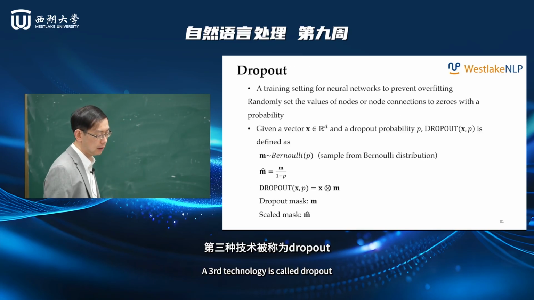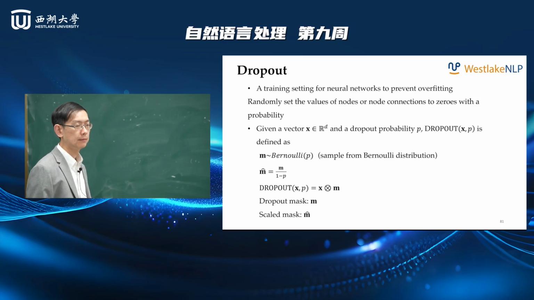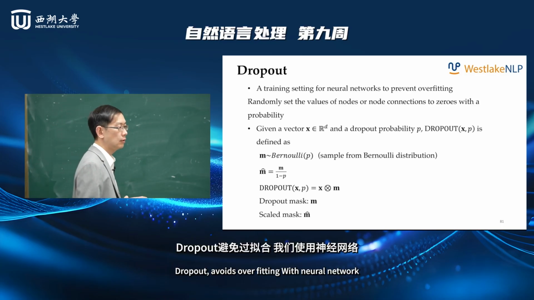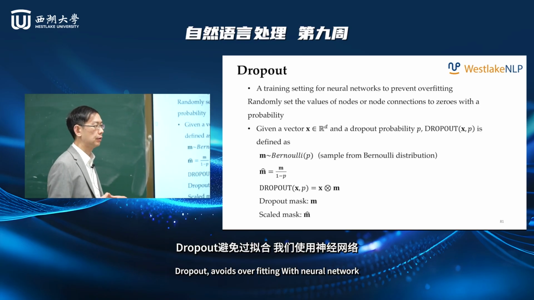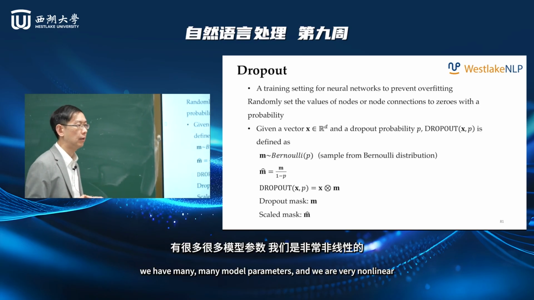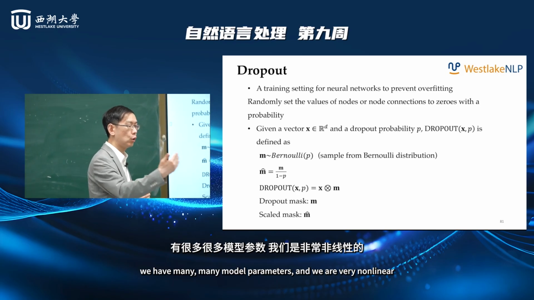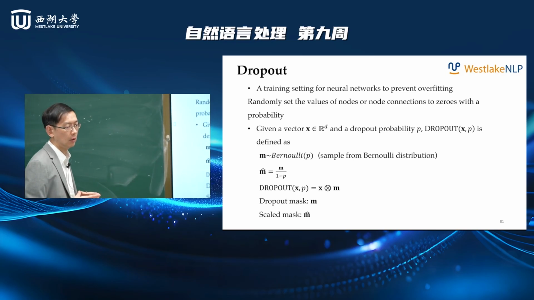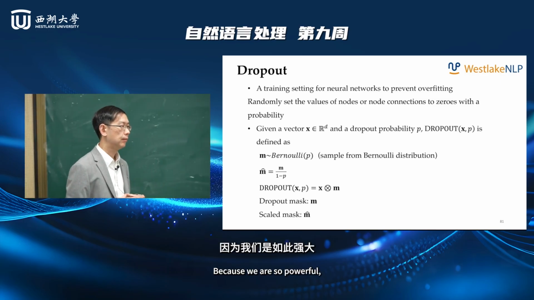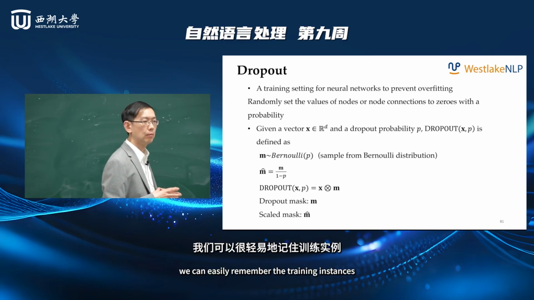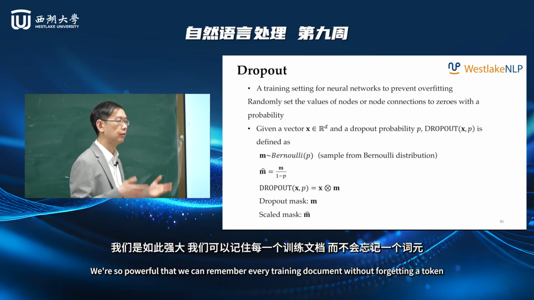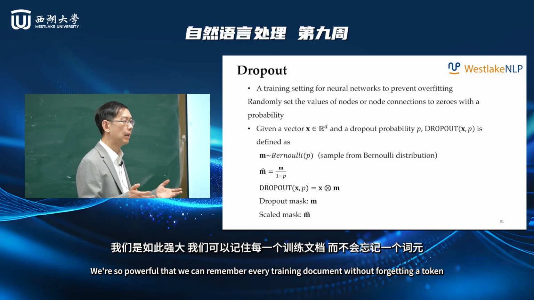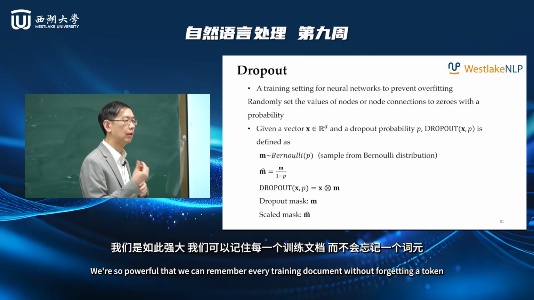A third technology is called dropout. Dropout avoids overfitting. With neural networks, we have many model parameters, and we are very nonlinear. Because we're so powerful, we can easily remember the training instances. We're so powerful that we can remember every training document without forgetting a token.